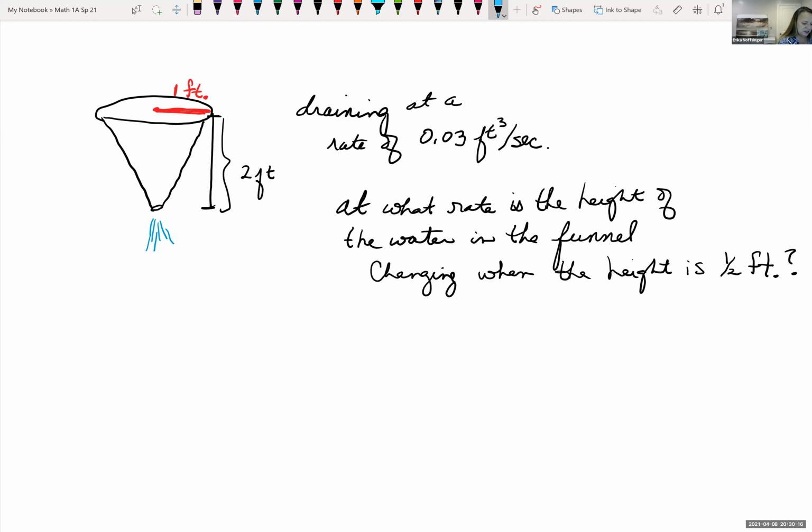Okay, so the water is draining out. We need to know when this height here, we want to know it is a half a foot.